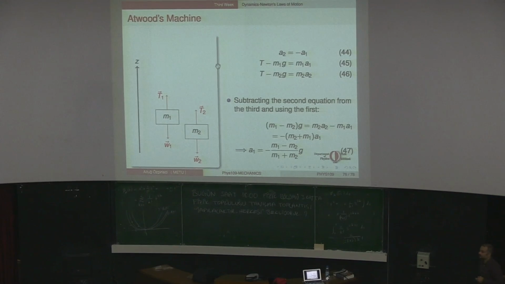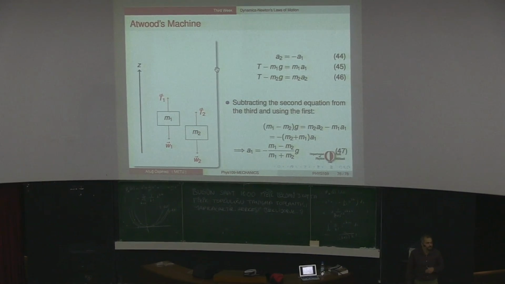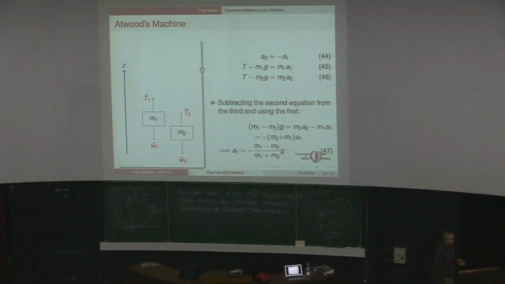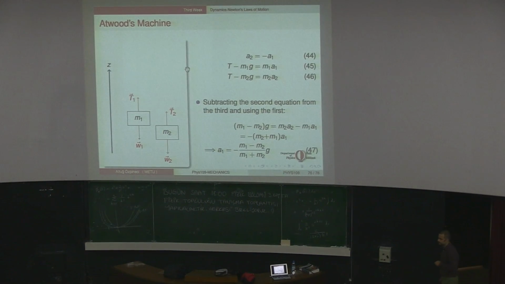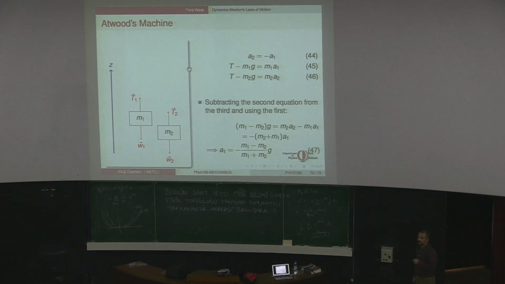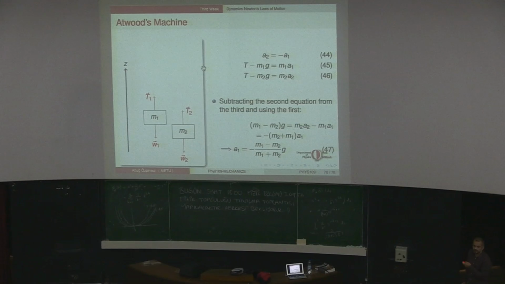Well, that is a limit which follows our intuition about how things work. We can consider another limit. Let's just assume that m2 is very, very heavy. You can just imagine that you are m2, falling down a cliff, and there is a snake trying to hold you.